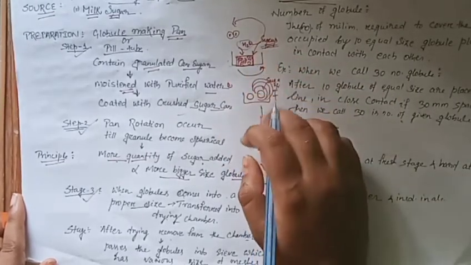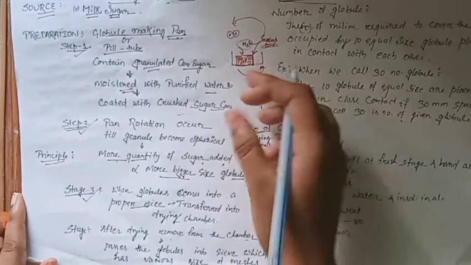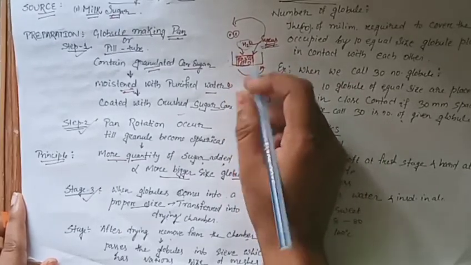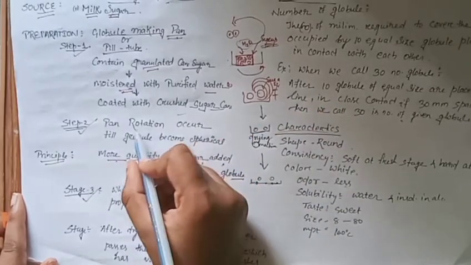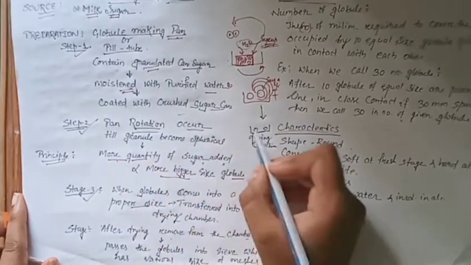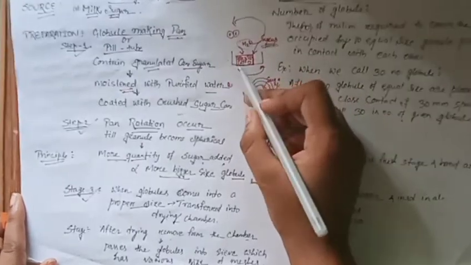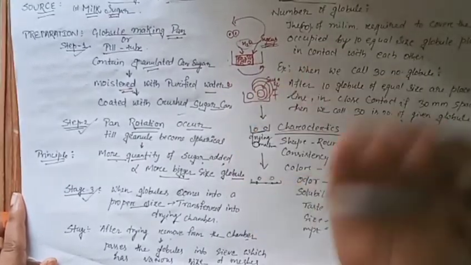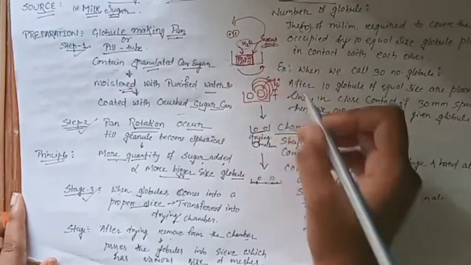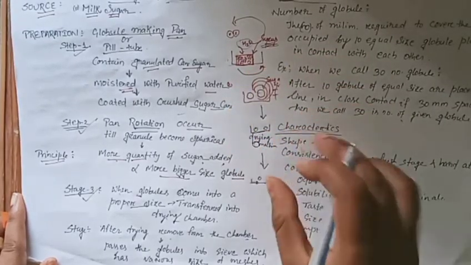After that, when the container content becomes a saturated form, pan rotation occurs, so that the substance inside the pan, coating as it is rotated, becomes a small globule like structure.